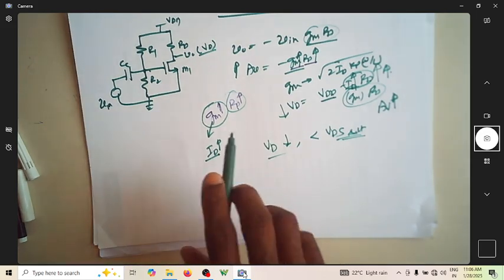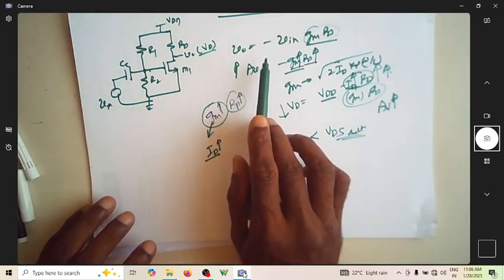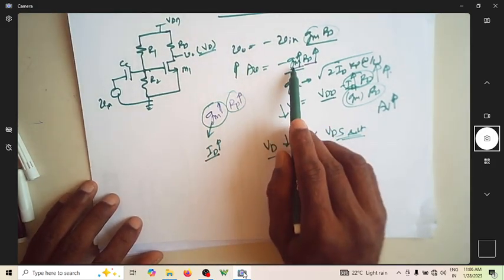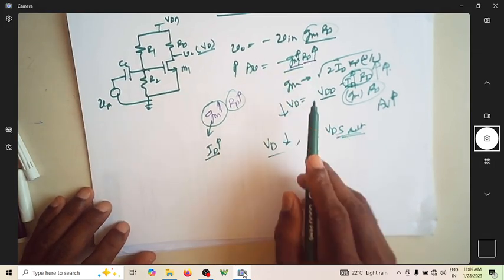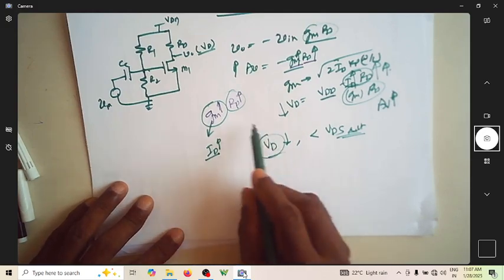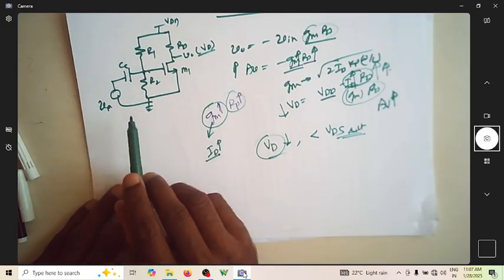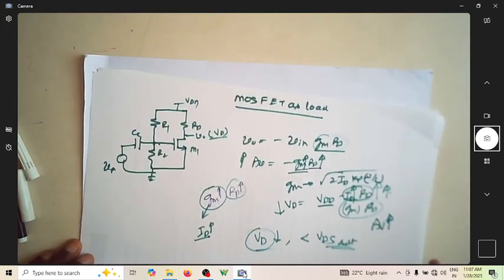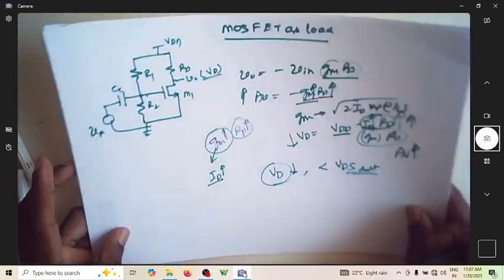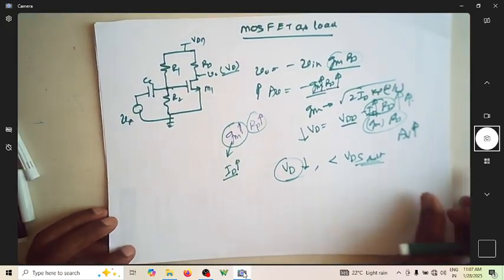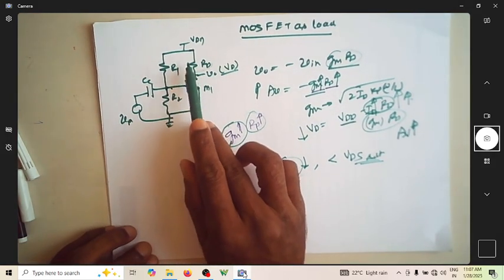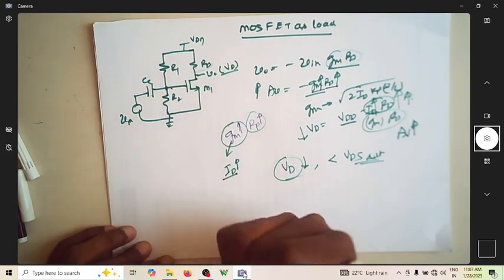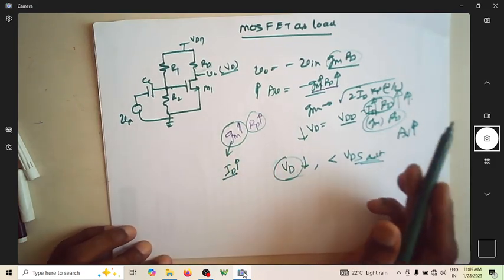So now, in order to increase AV, either increasing gm or RD may put this MOSFET in linear region. In such a case, it is not possible to get amplification at all. So the point now is that using resistive loads RD, it is not possible to get larger gains.